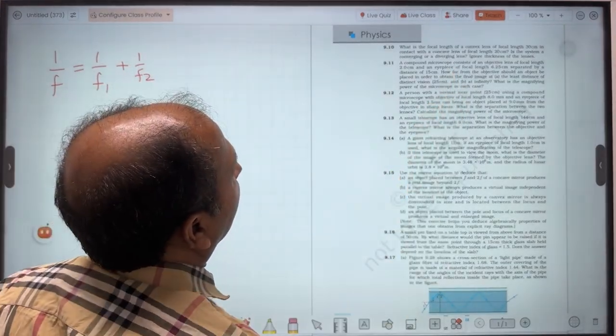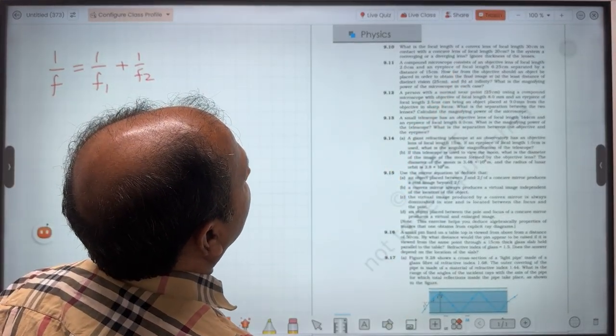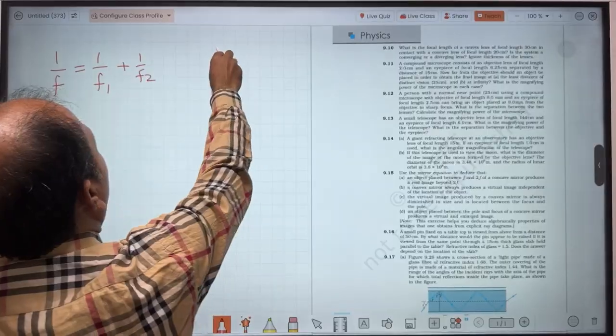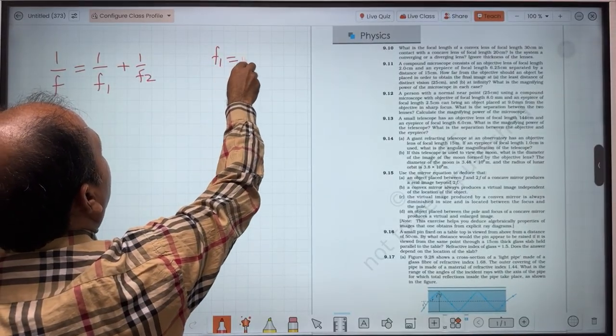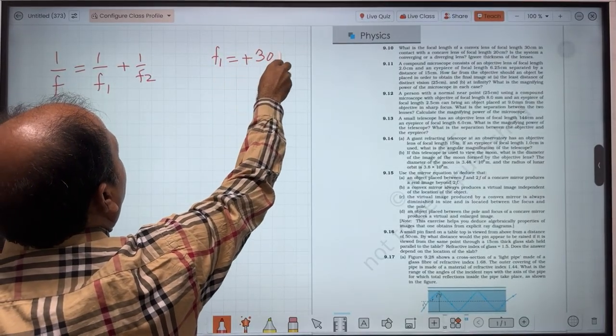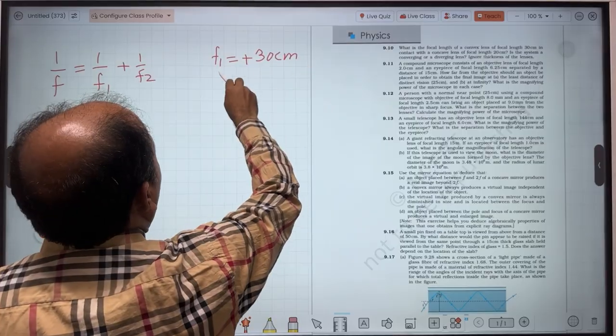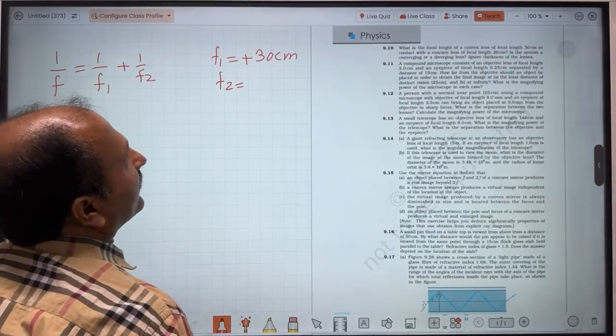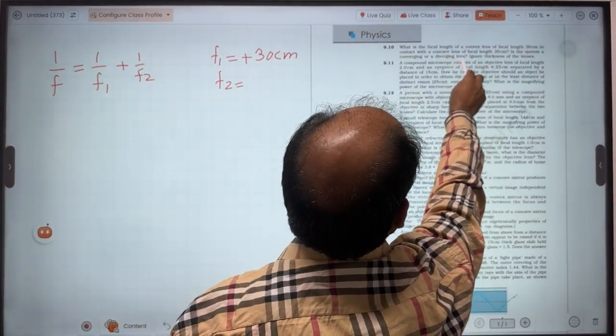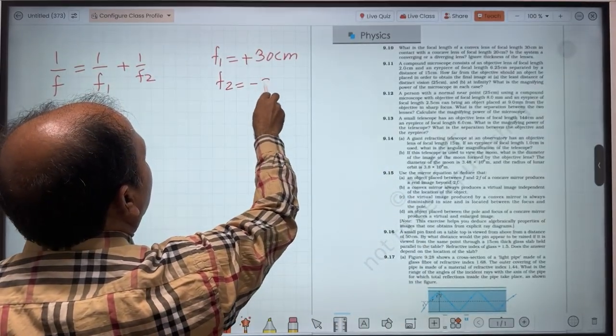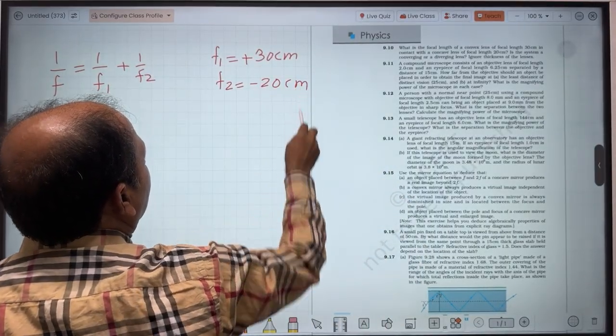Here we are given f1, the focal length 30 centimeter, which is convex type. So f1 is equal to plus 30 cm, and f2 is equal to, this is a concave lens, so the focal length will be minus 20 centimeter.